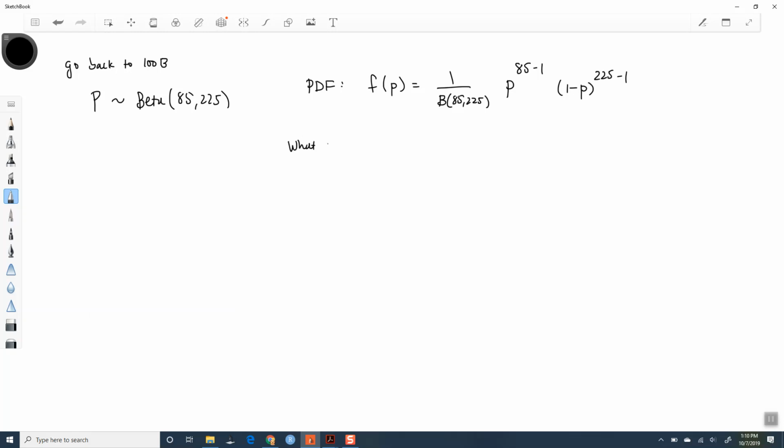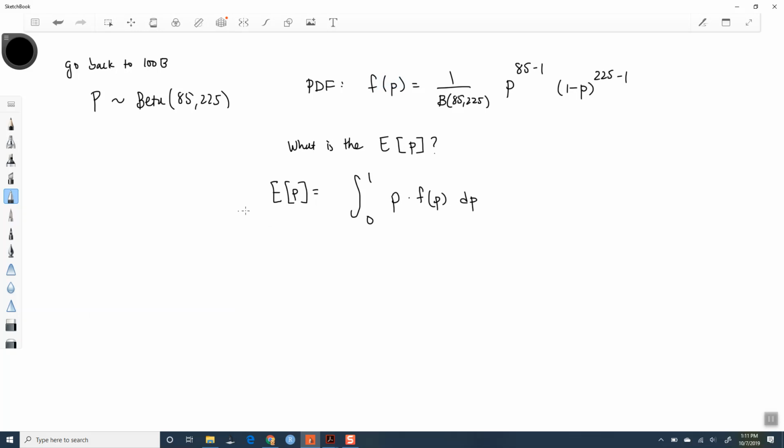Integral from 0 to 1. What is the expected value of p? Maybe I'll use square brackets. The expected value of p, which we might call mu sub p, is the integral from 0 to 1 of p times f of p dp.